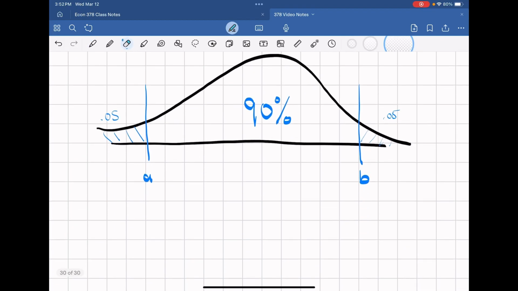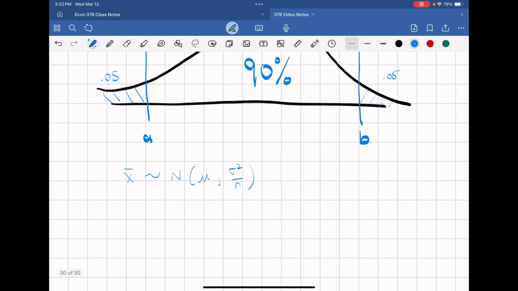Before we set up the probability, let's realize that x bar is distributed normally with our population mean and a variance of sigma squared over n.